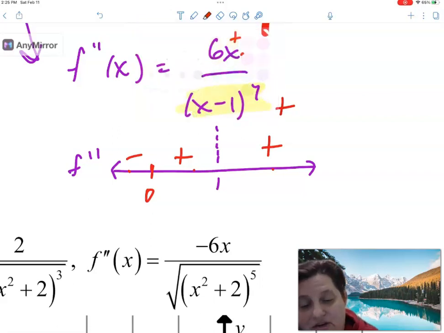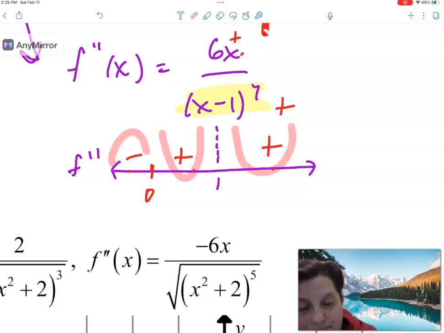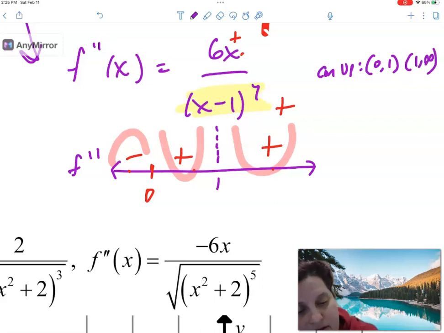So this is concavity. This goes concave down, up, up. I'm concave up, 0 to 1, 1 to infinity. I am concave down, negative infinity to 0.